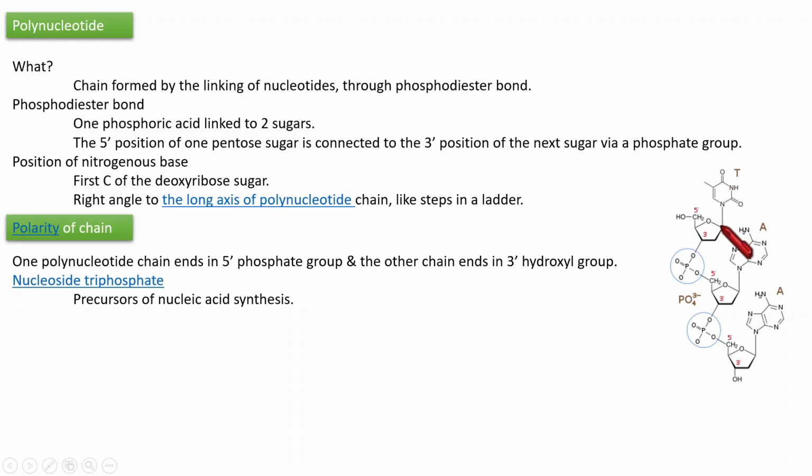First carbon of the sugar, deoxyribose sugar, it is connected to the nitrogenous base. And also all these bases, they are oriented at right angle to the long axis of polynucleotide chain.